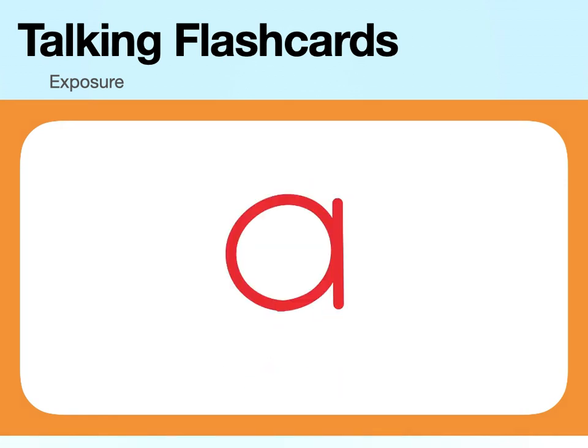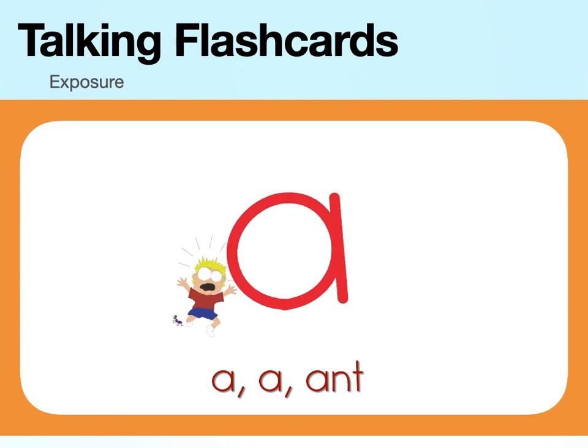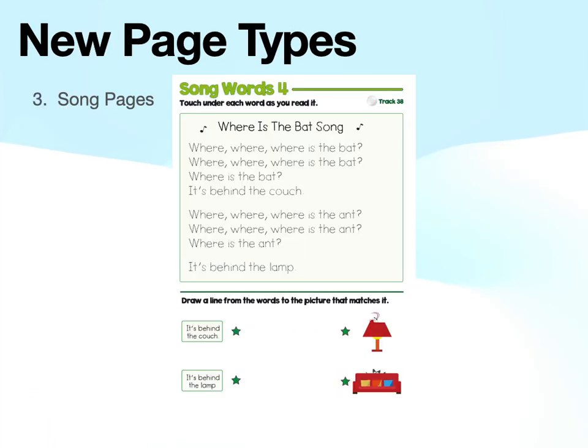And there's also obviously some phonics, so they can just go through phonics as well. And we have some of these song pages as well that they can go over in the class.